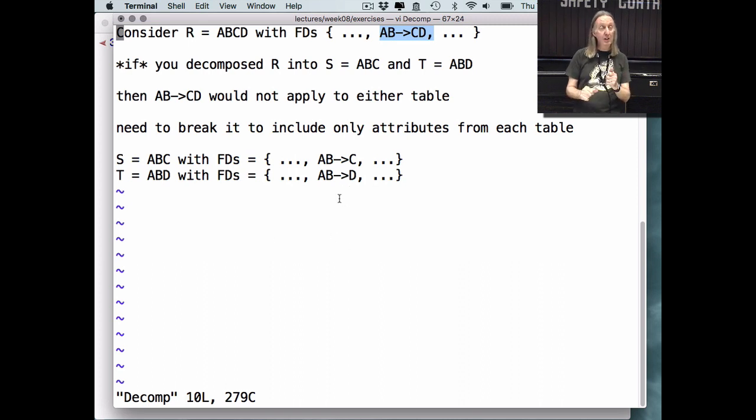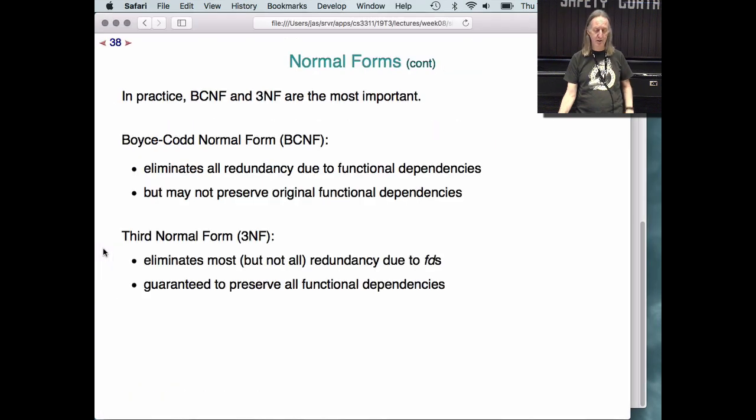Okay, so you've got the notion of dependencies applying to a table and dependencies across the entire schema, which is all of the dependencies on all of the tables. Right, so that's the difference between BCNF and 3NF. In BCNF, you might lose some of the dependencies entirely, which may or may not be a problem.